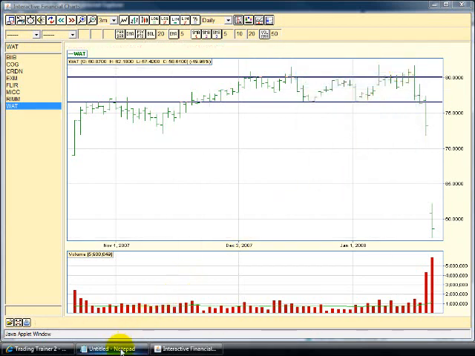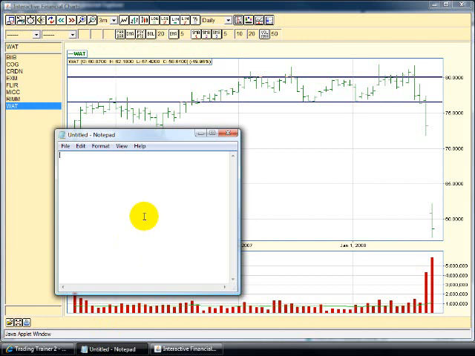So let's go ahead and pull up here our notepad. And we'll see here equity trader momentum, about 94 cents. And what was our upper threshold?